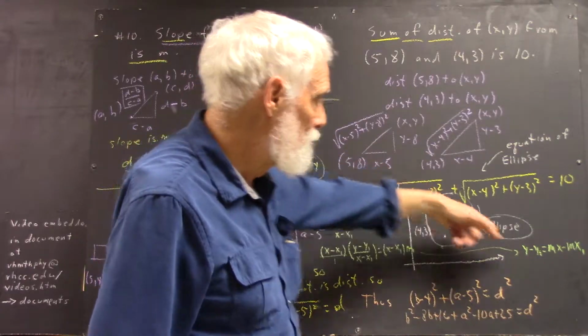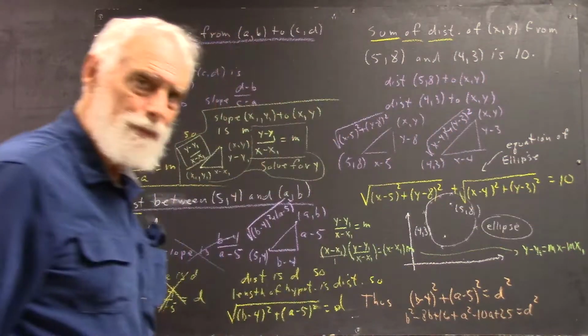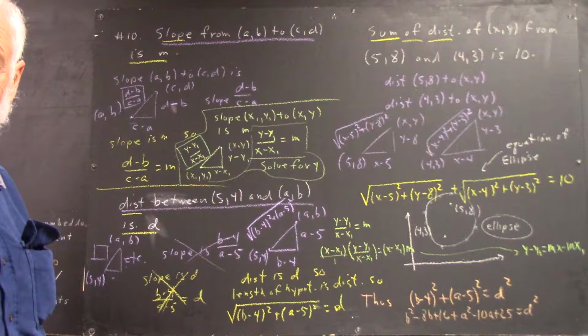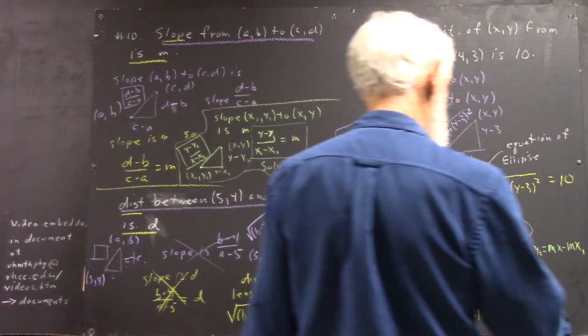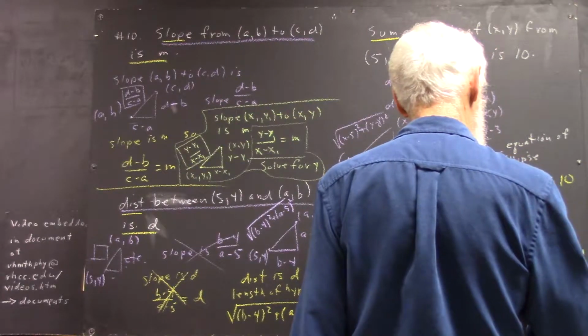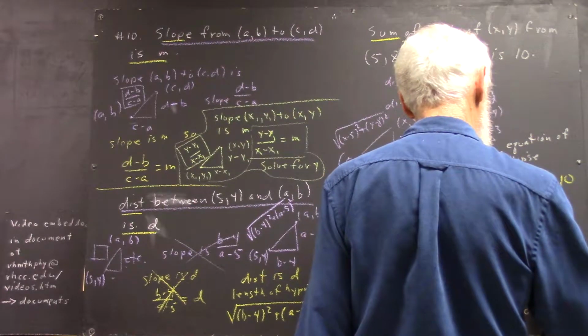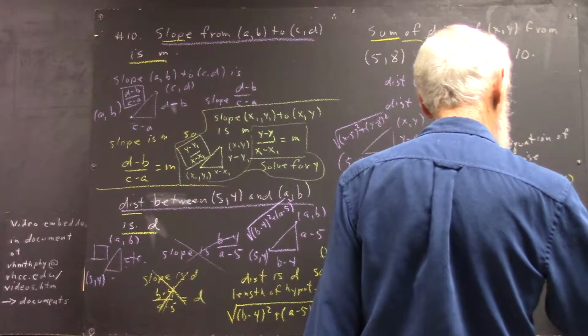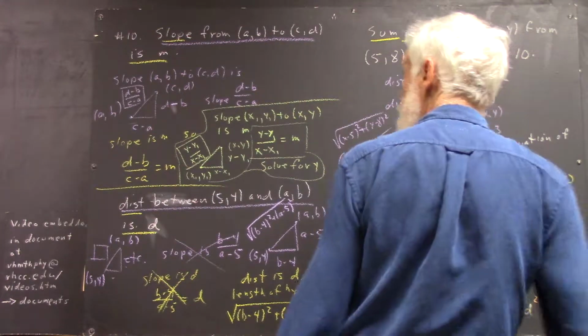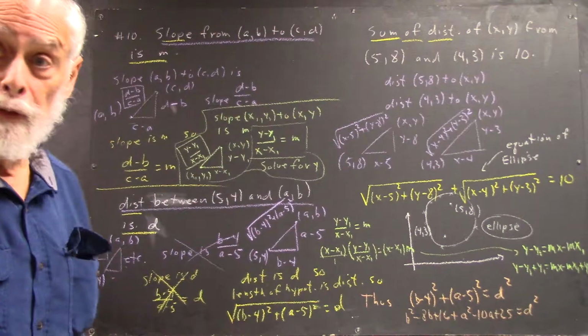But then xm is just mx, so, right? Okay? And then we add the y1 to both sides, right?